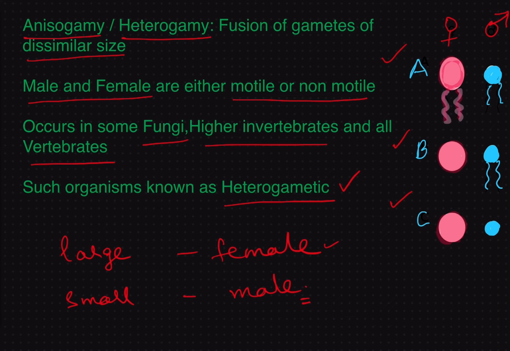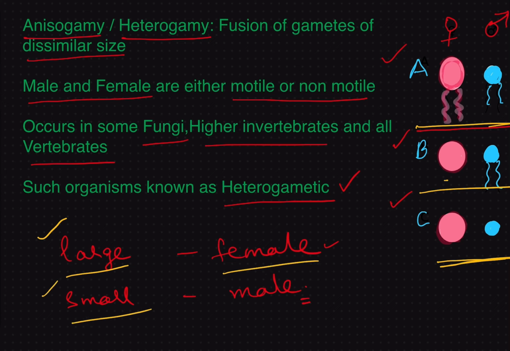Now, you can see here in case A, both the large female and the small male are motile in nature, and in the second case the large female is non-motile and the small male is motile. In the third case, both the large female and the small male gamete are non-motile. So, depending on their motility, anisogamy is further classified into three types. Whatever it is, the general fact is that the female gamete is always larger and the male gamete is always smaller in size.